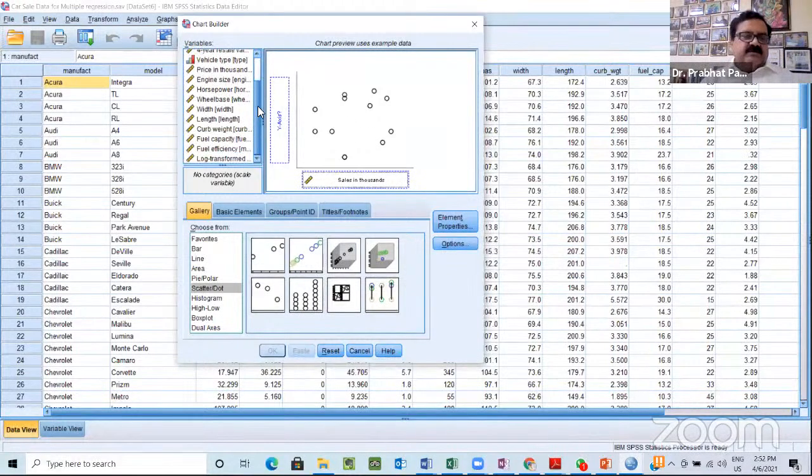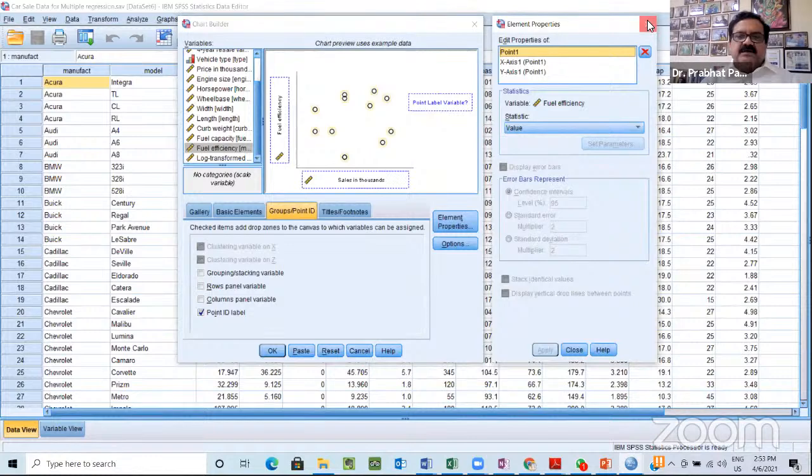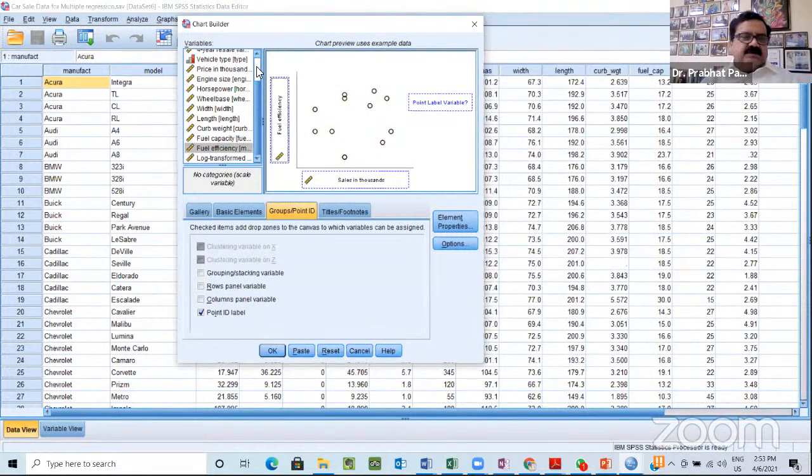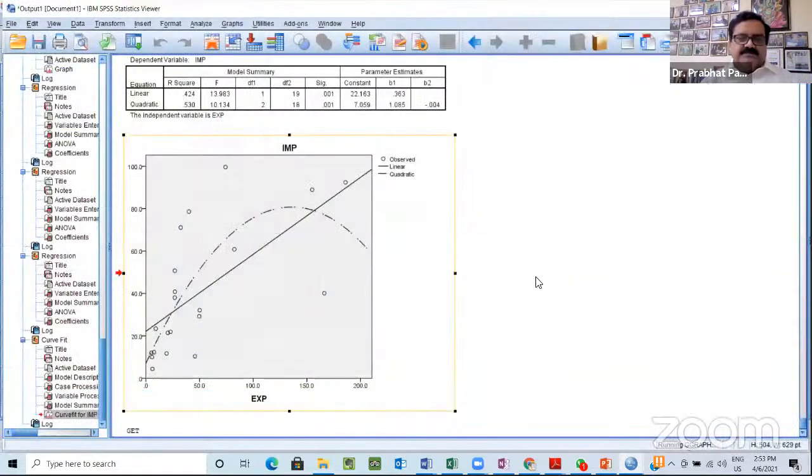But for the sake of curiosity, we are going to take fuel efficiency, let's say, as a factor affecting the sale. So on the other hand, I'm taking fuel efficiency. And then I'm also interested in knowing which car models they are talking about. So I'm bringing the model as a point level variable.